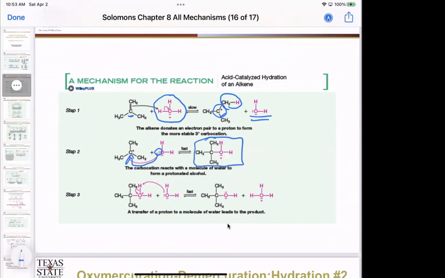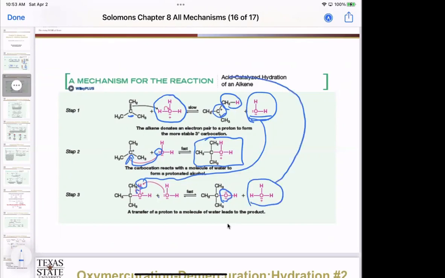generating our protonated alcohol. Now we can have this water act as a base and come in and remove this extra hydrogen here. Those electrons go back down, so we have two lone pairs on our oxygen, and we've regenerated our hydronium ion from the water, and therefore we can go back and reuse it again.